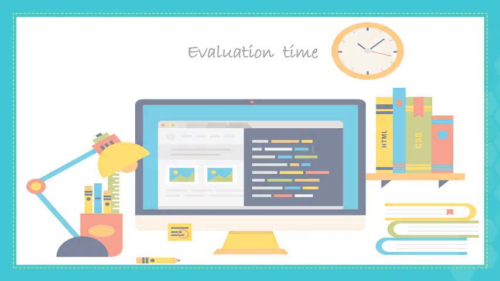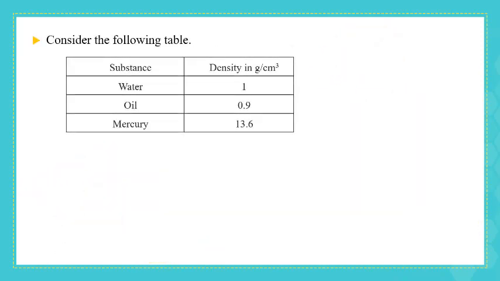Evaluation time. Consider the following table. Here they gave you different substances, water, oil, and mercury, and the density of each substance, where the density of water is 1, the density of oil is 0.9, and the density of mercury is 13.6 gram per centimeter cube. This application is found in your worksheet number 9, so open it and try to solve it.